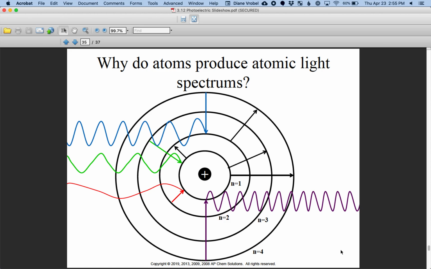The green light, it has to be promoted to the third energy level first before it comes back down and gives off the green light. And then the blue, you would argue that it goes from the second energy level to the fourth energy level, and then it comes back down and gives it off. So depending on what's happening, where the electron is being promoted and then released, determines the type of light.